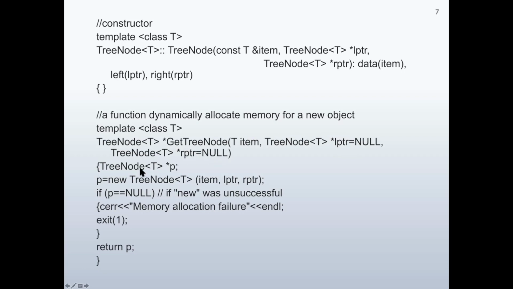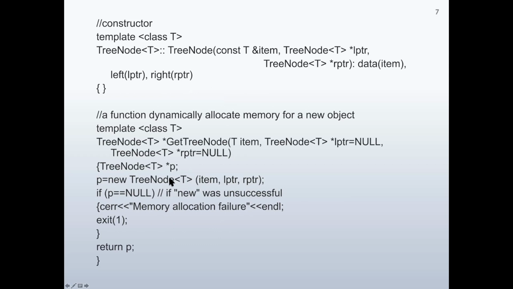Here a pointer to tree node of type T is declared, and then by the new operation a tree node of type T is dynamically created, for which the data is set to item and left is set to LPTR and right is set to RPTR.